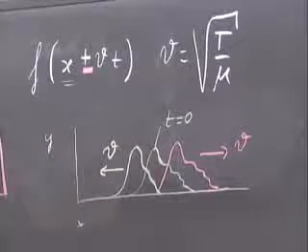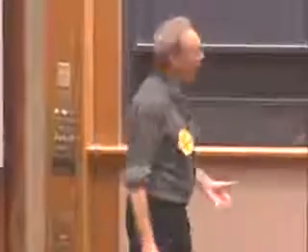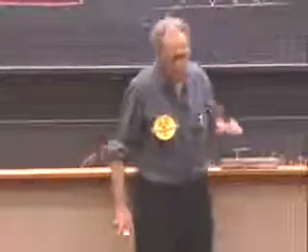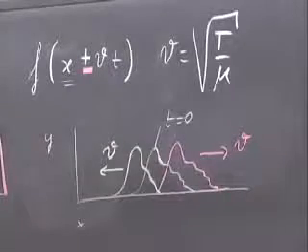You now understand why, when I wiggled here, the string had no choice. It must propagate that function that I generated, and it must propagate that with the speed square root of T divided by mu. We derived the speed of propagation for that string.